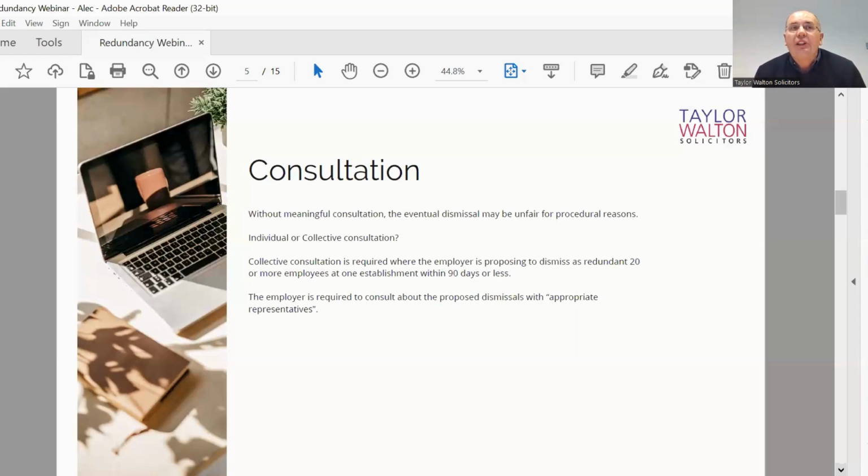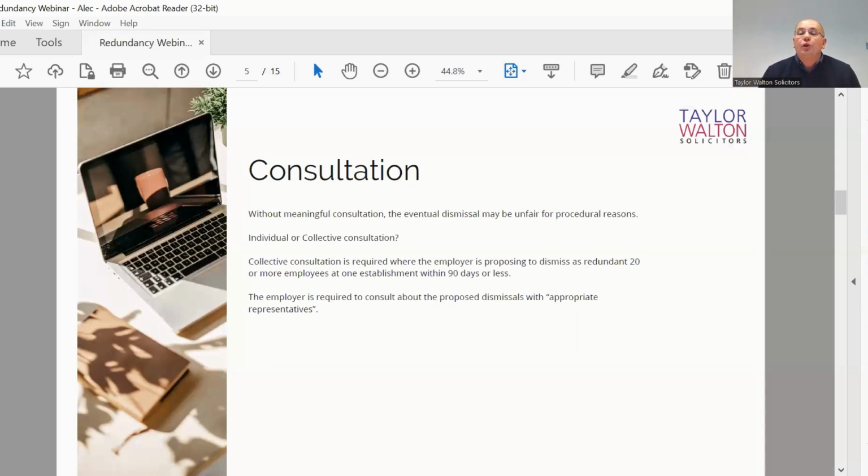Where an employer is proposing to dismiss 20 or more employees within 90 days, it is required to complete what is known as an HR1 form, which is a government form which the employer is required to complete and send to the statutory authority, setting out what the proposals are, and so it only applies if there are 20 or more.